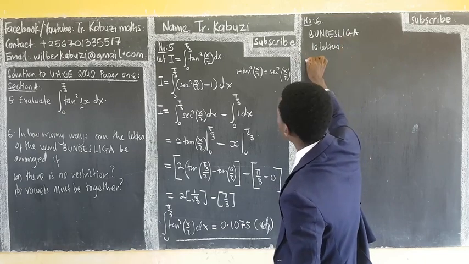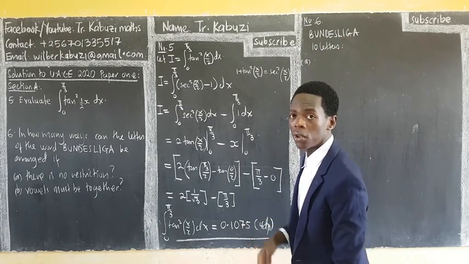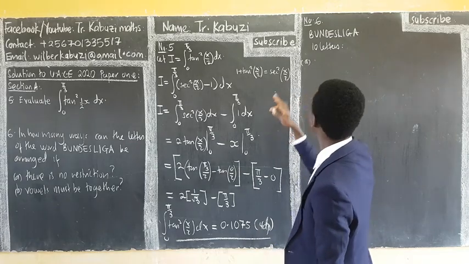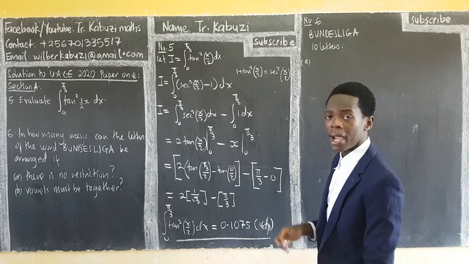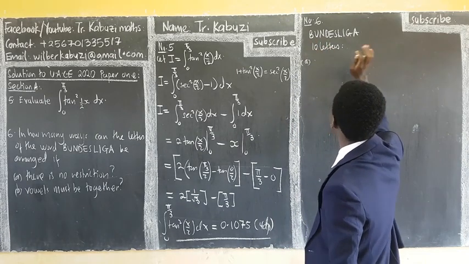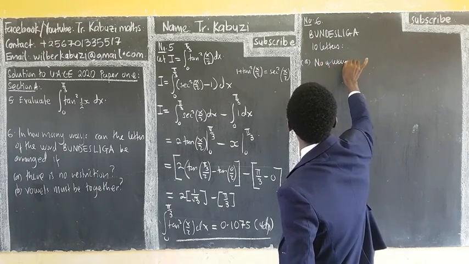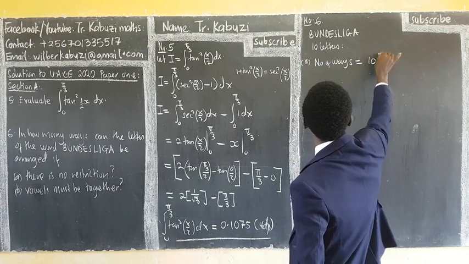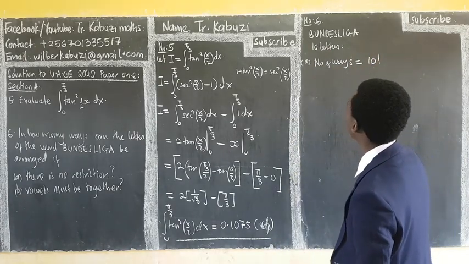So part A, this can be arranged in 10 factorial ways. And now when you look at them, there's nothing repeating. If there's something repeating, then we divide by those. And now you see here, everything is different. So the number of ways here, we are going to be having 10 factorial. Nothing is similar to each other, as simple as that.